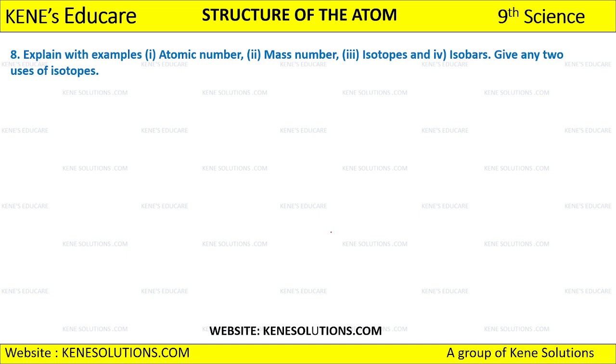So here also the questions are so direct, like you need to explain with example the atomic number, mass number, isotopes and isobars. Now isobars are the last topic that we will be discussing, right? And then we need to give two uses of isotopes. So this question can be for 8 marks as well. It depends upon the marks for which you get the questions, the paper pattern that you have.